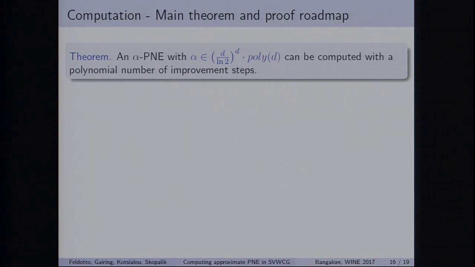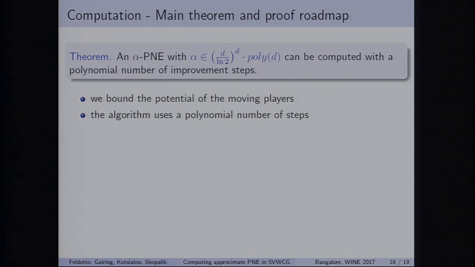However, here I'm going to mention just a high-level proof roadmap, which follows the next steps. First, we bound the potential of the moving players for each phase of the algorithm. We show that the algorithm uses a polynomial number of improvement steps.